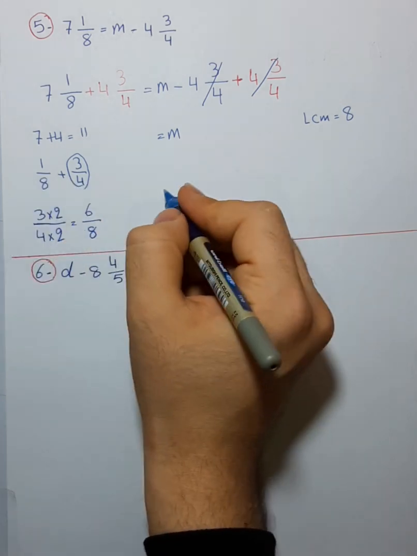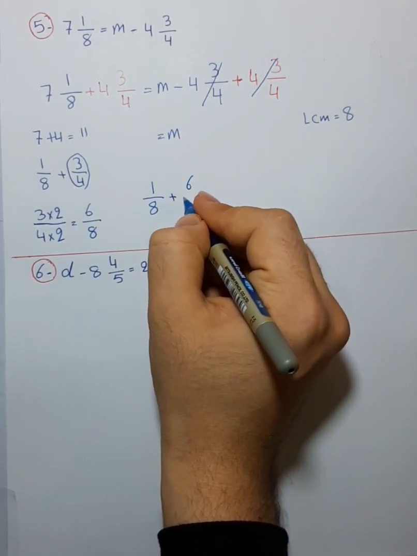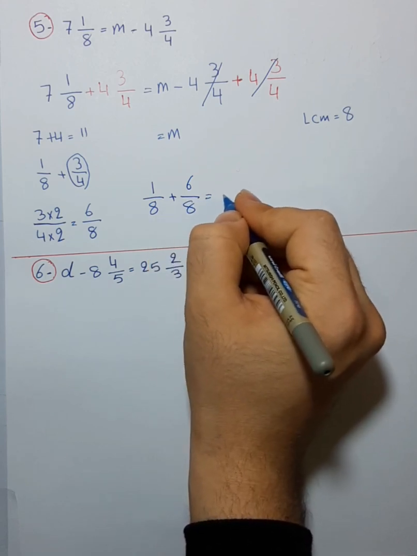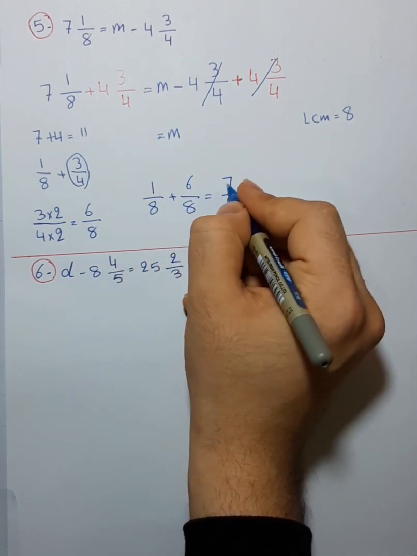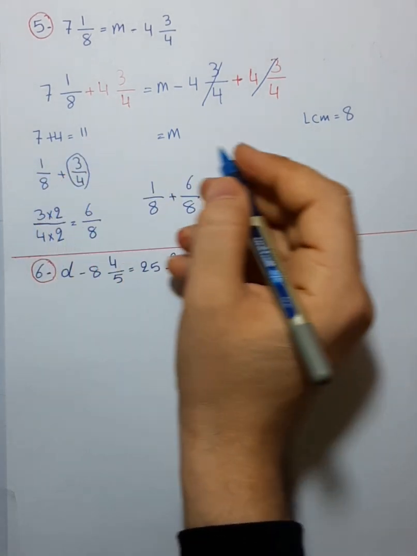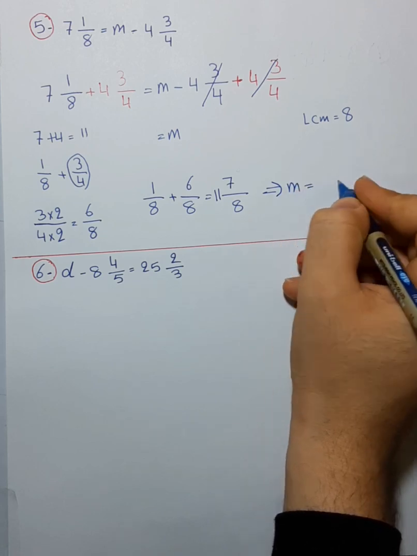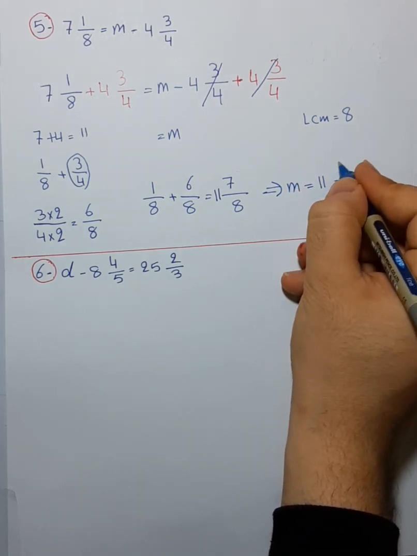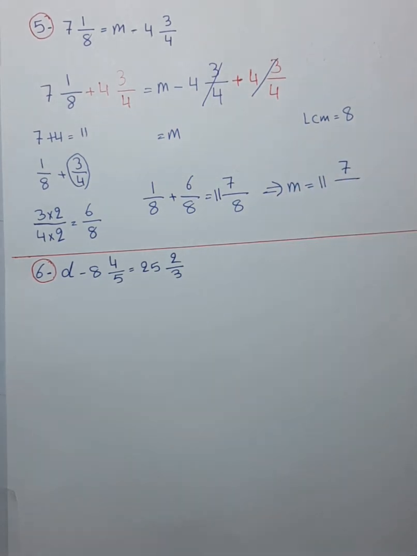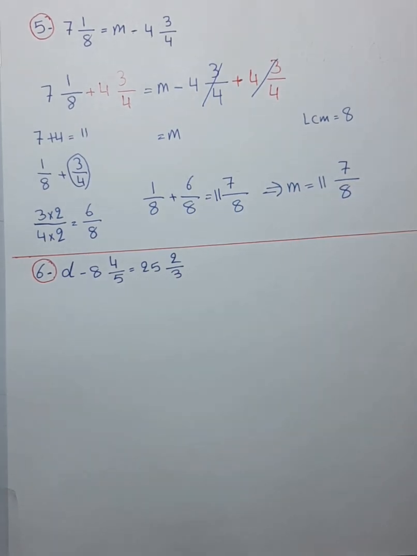Now we have these two fractions, 1 out of 8 plus 6 out of 8. 1 plus 6 is 7, equal to 7 out of 8, and the whole number is 11. So m equal to 11 and 7 out of 8.